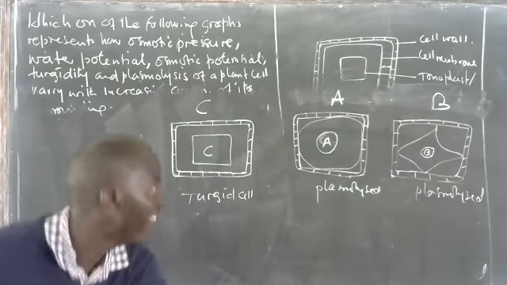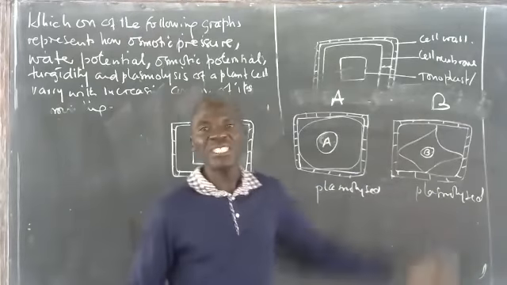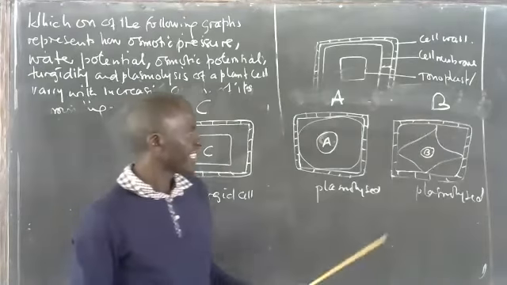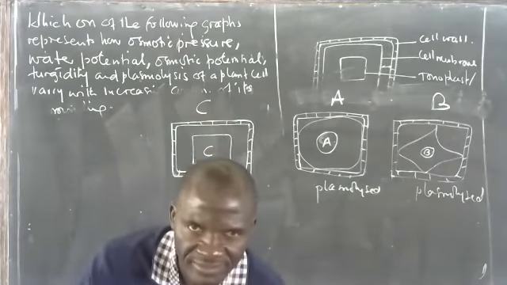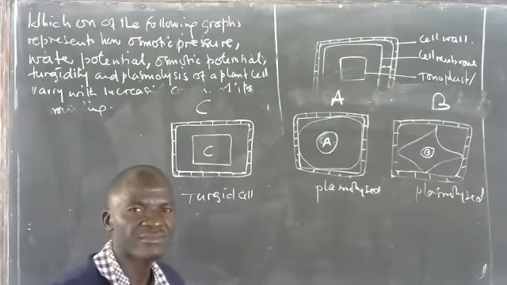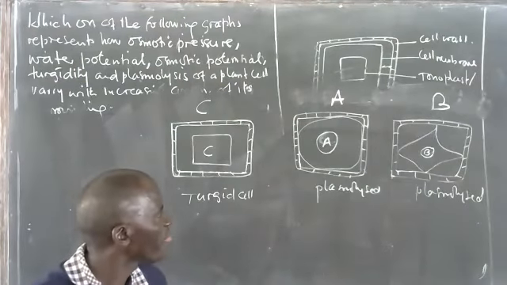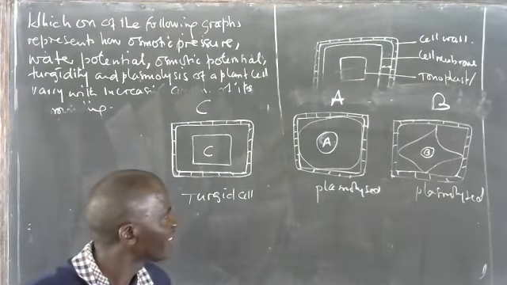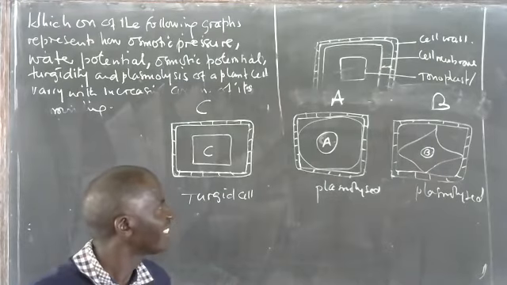B. Aha. That's very correct. B is the most hypertonic. Now, if I ask you why, how have we known it's B? Can you give us the reason? The cell membrane has pulled away from the cell wall so much compared to the rest.